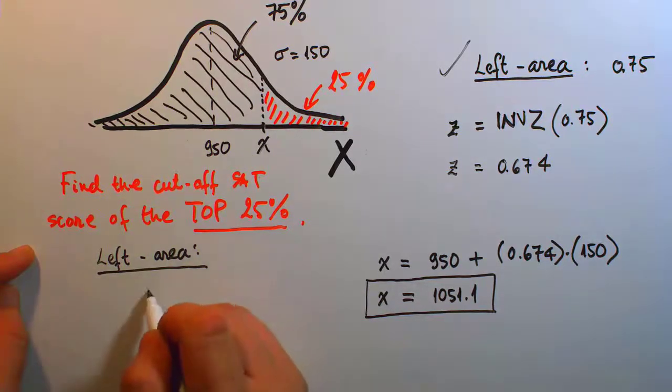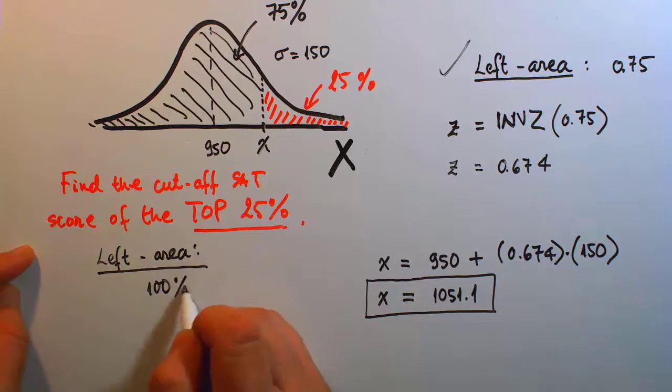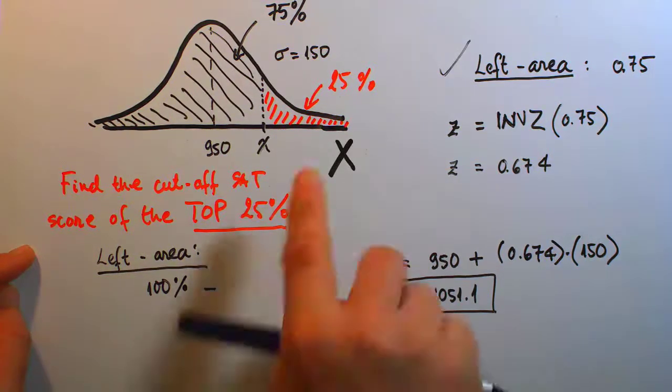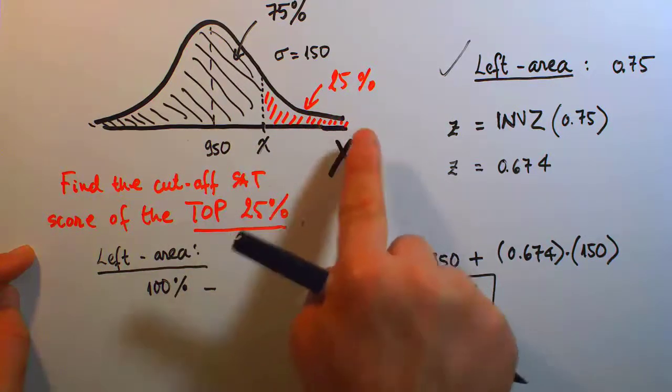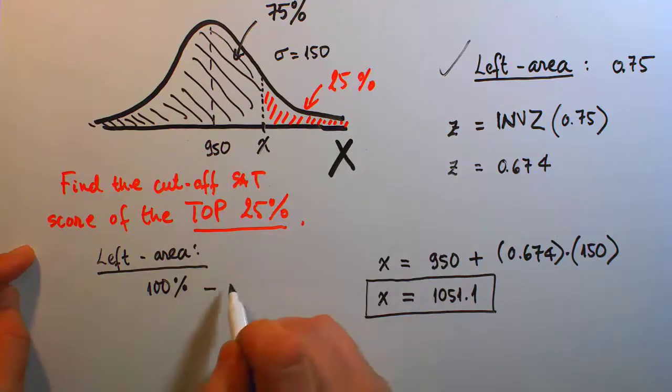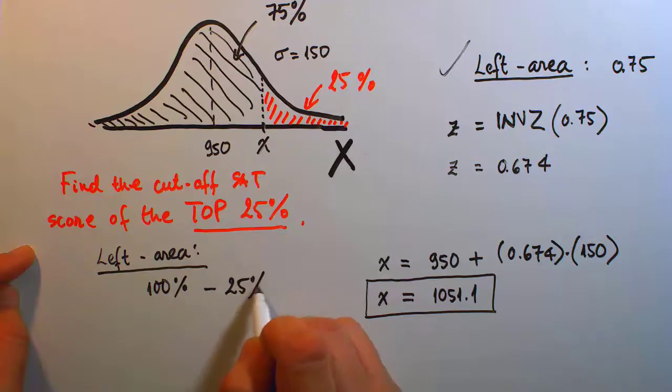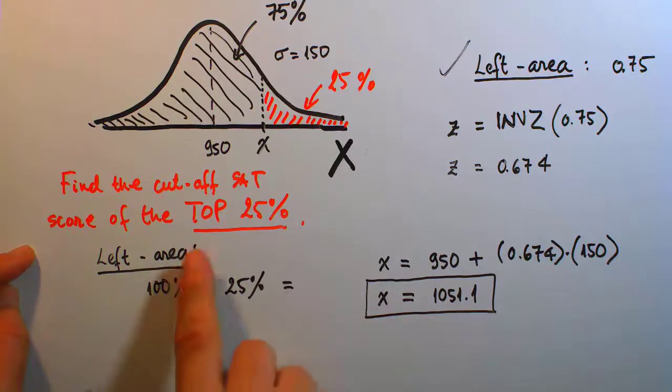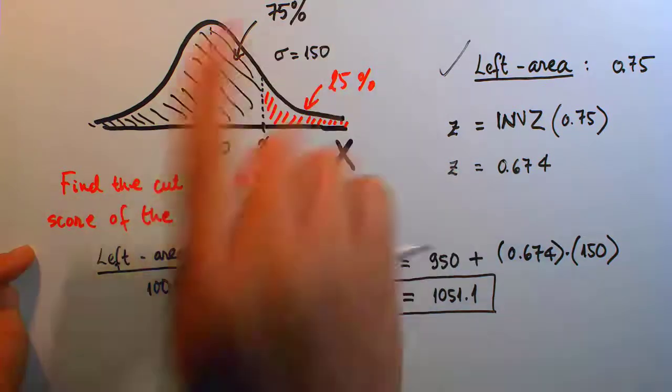Out of 100, which is always the full area inside a bell curve, we subtract the area shaded to the right hand side, in this case given to be 25%. So 100 minus 25% gives us how big the area to the left is, which is 75 here.